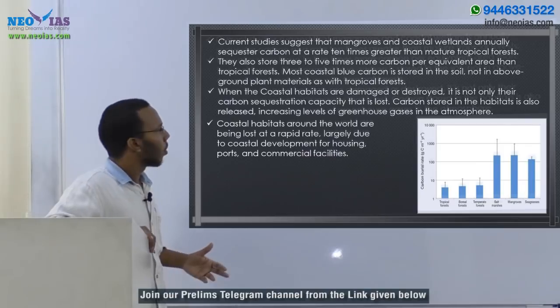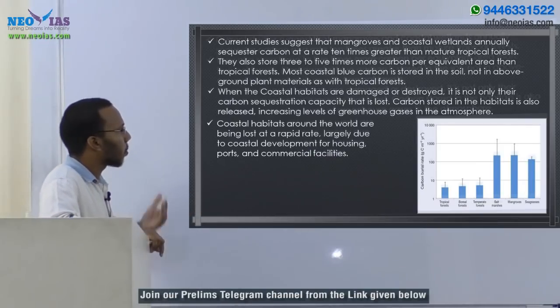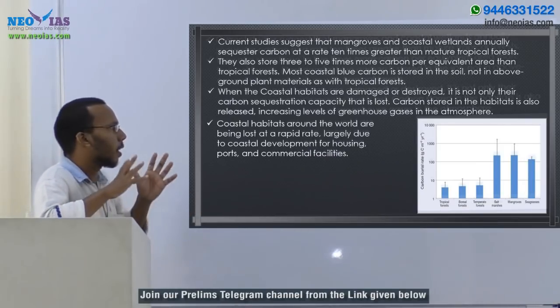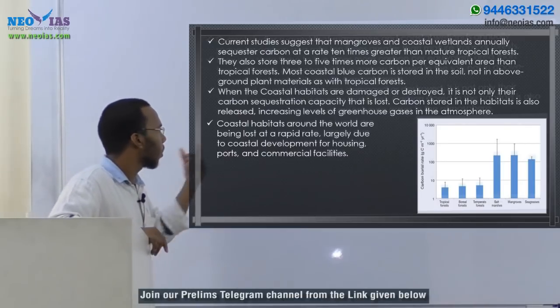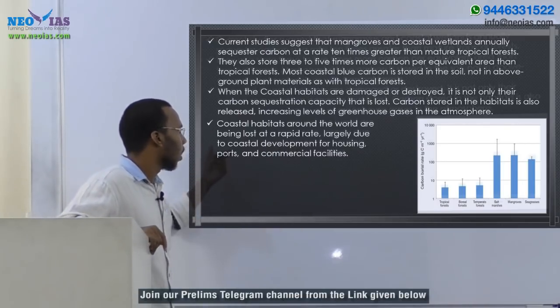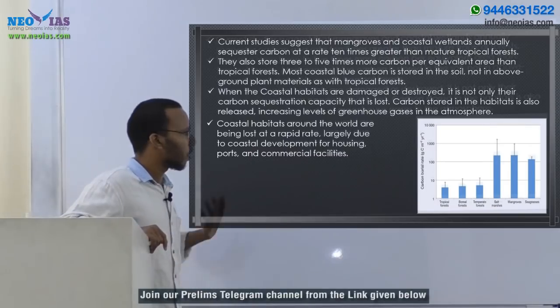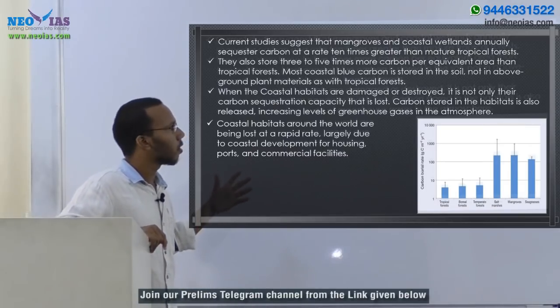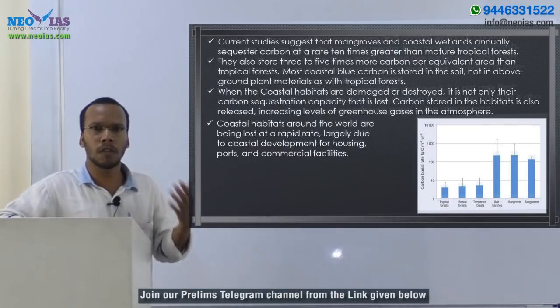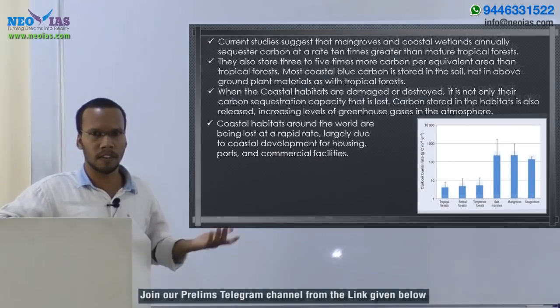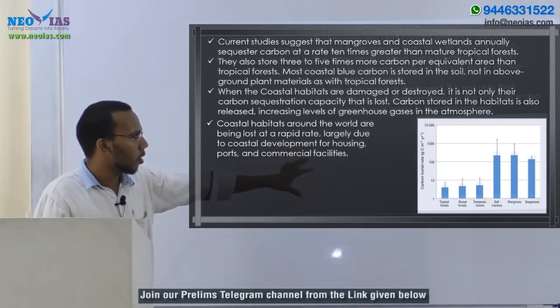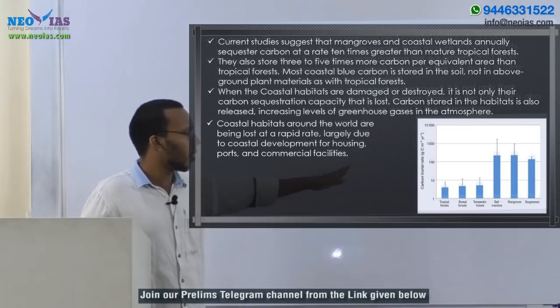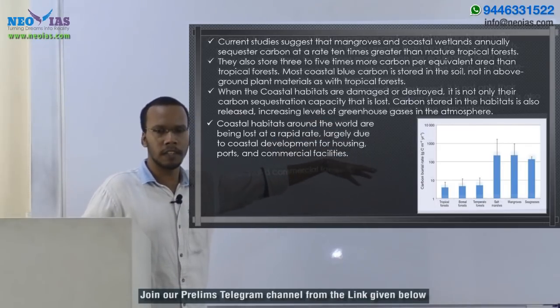Another point is that coastal habitats around the world are being lost at a rapid rate, largely due to coastal development for housing, ports and commercial facilities. So mangrove forests and coastal wetlands are degrading at a fast rate. You can see the graph there, carbon burial rate and the respective vegetation.